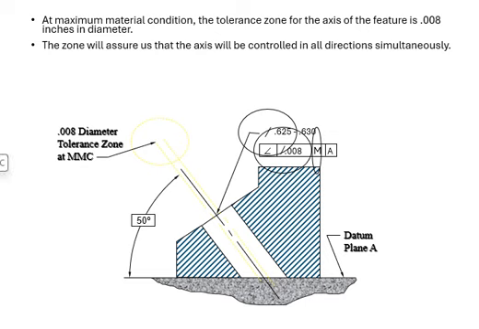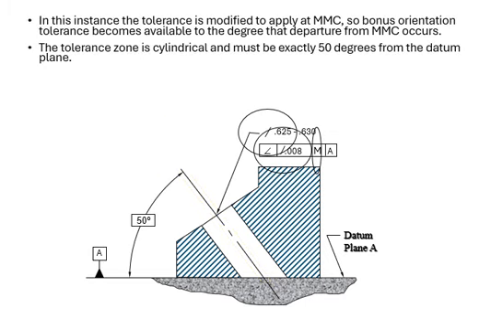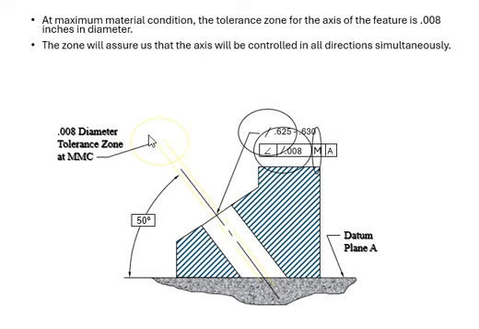So when we deal with the cylindrical, I'm going to go back one slide. When we deal with a cylindrical tolerance zone like that, your tolerance here, 0.008, is not linear anymore, because you're dealing with the entire cylinder, and a cylinder is a circle with a depth. Therefore the tolerance value became a diameter.